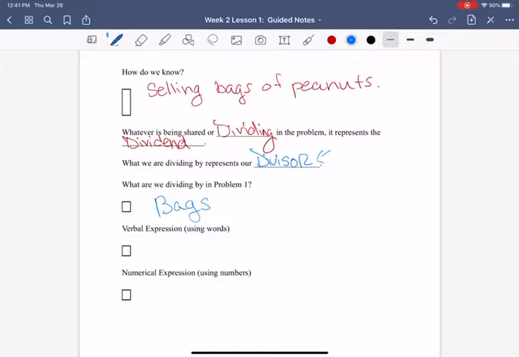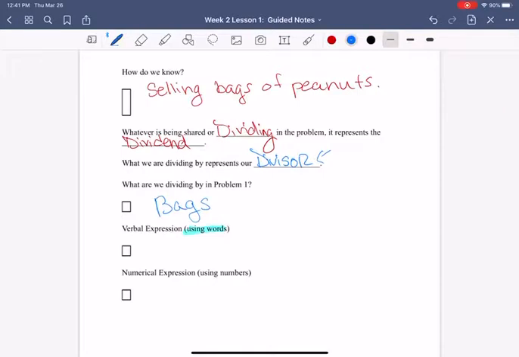Now, I can take this information and I can create a verbal expression. So we're creating an expression, but this time only using words. So, thinking about our structure for our division equation, we always start the division equation with the dividend, or what our whole is.